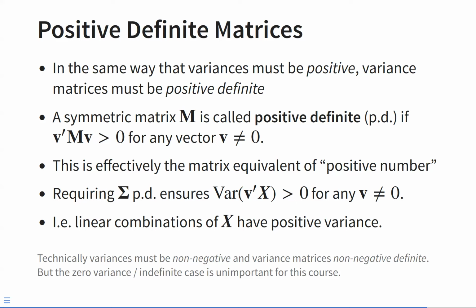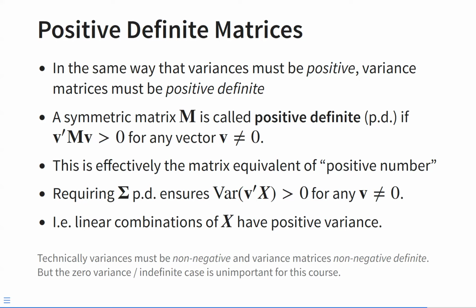So variances shouldn't be negative. If I take a linear combination of a bunch of random variables and I evaluate the variance of that linear combination, I shouldn't be able to get a negative number. Requiring that sigma is positive definite is ensuring that the variance of v prime X can't be negative. So in particular, for any v that's not equal to 0, this thing is going to be positive, and that is absolutely crucial.